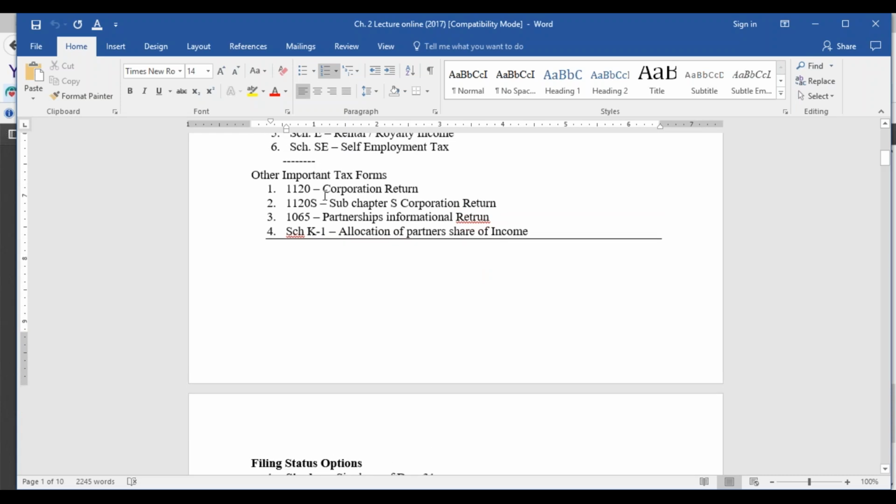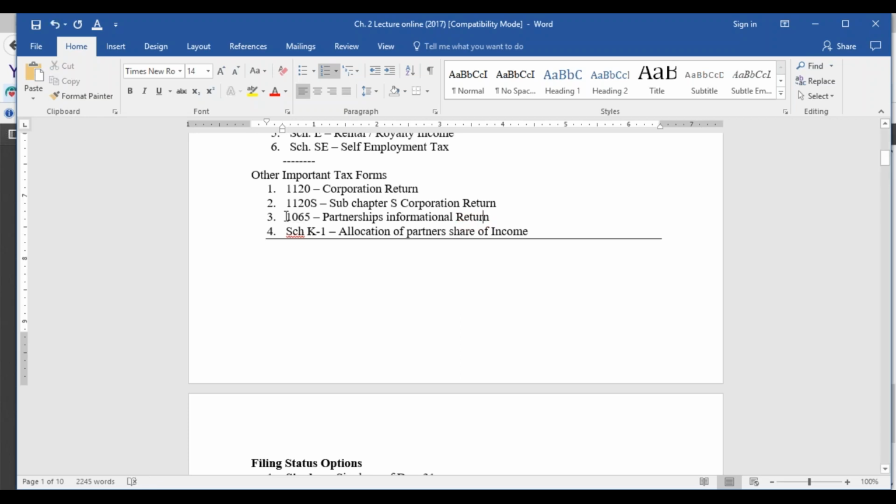Some other forms that anybody associated with tax should know, that you will run across if you ever do taxes professionally, are the corporation forms. If you ever hear of a Form 1120, that's what corporations fill out. And then instead of a Schedule C, if you're in a partnership, you do a Form 1065.